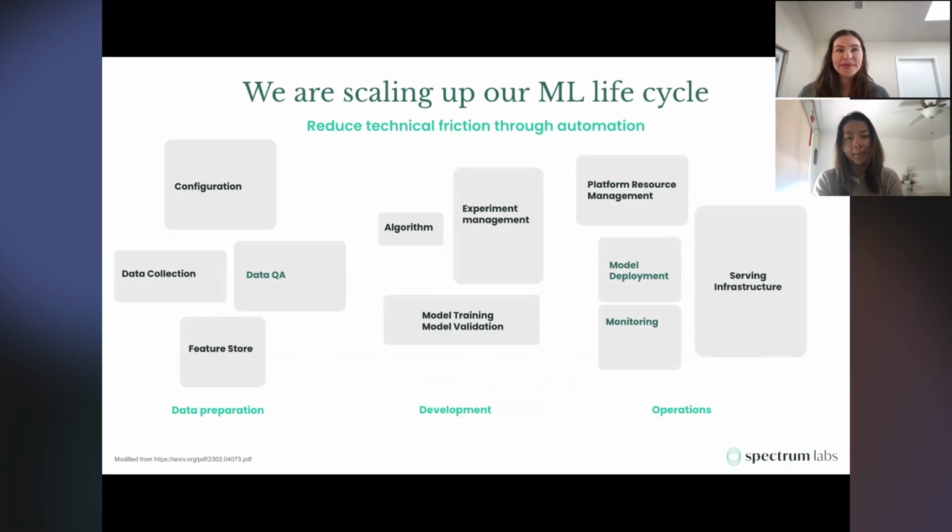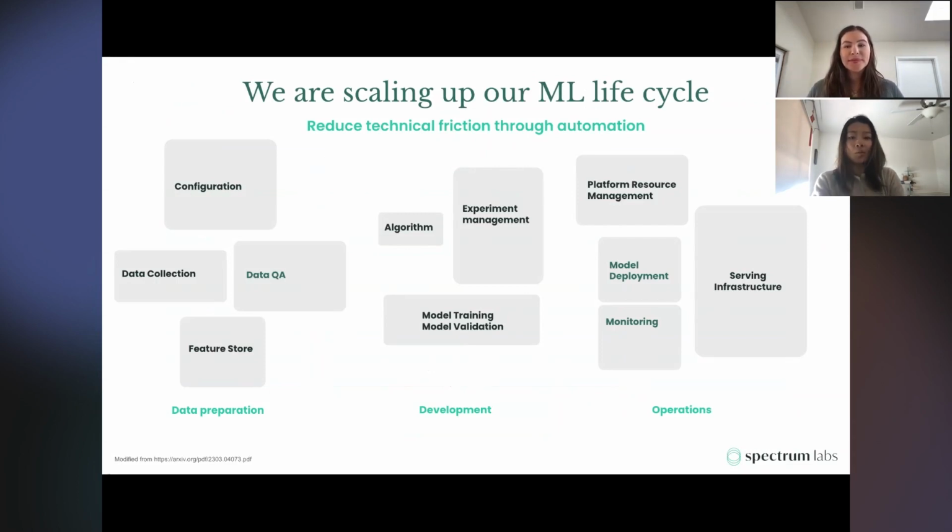Yes, and as the company grows, we're seeing the need to expand our ML products, and we're also serving more and more clients. From an operations perspective, it naturally becomes very important to look at the whole system that supports the ML lifecycle.